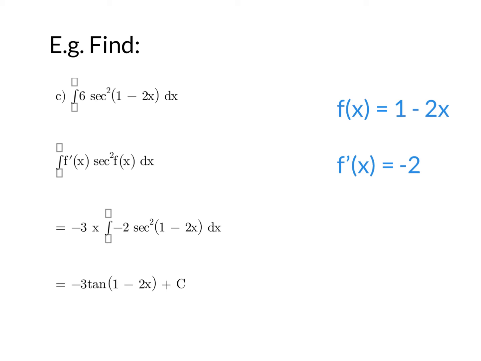To get minus 2, minus 3 times minus 2 gets me 6. So I'll put the minus 3 out the front and leave the minus 2 in front. So the integral of minus 2 sec squared 1 minus 2x is tan of 1 minus 2x, with that minus 3 out the front and then a plus c on the end.